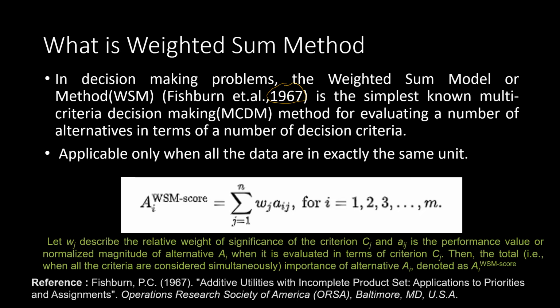It states that the importance of an alternative for a given problem can be found out with the help of decision factors or decision criteria, by multiplying the weightage of importance assigned to the decision criteria with the value of the alternative and summing all of them to find the WSM score of the alternatives.